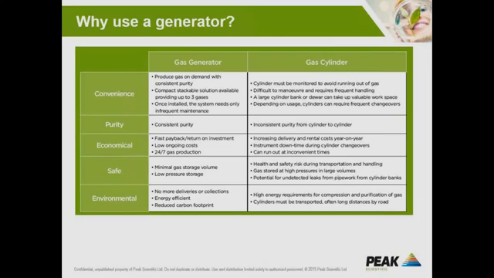And then there's the environmental aspect as well. So gas generators, once they're delivered and put into the lab, don't need to be moved around, so you have potential for reduced carbon footprint. Whereas with gas cylinders, they need to be transported by road, often over large distances, and this can occur many times per year.